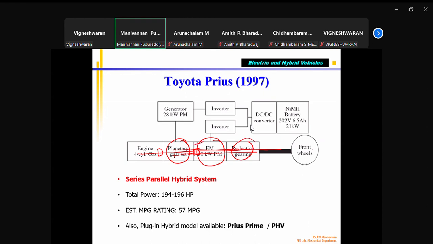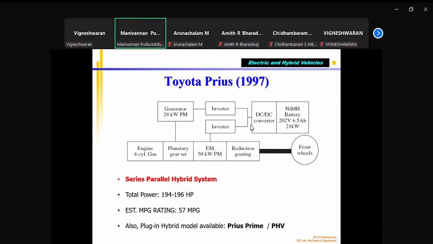The torque from the motor and the torque from the engine are coming, and the combined torque is driving the wheel through gear reduction. Some part of the power from the engine goes to the generator. Correct. So it has an inverter, and from the inverter it can charge the battery, or it can supply this. So this is the functional block diagram.